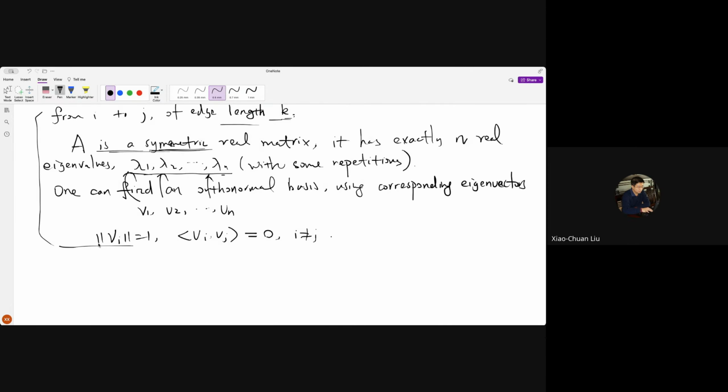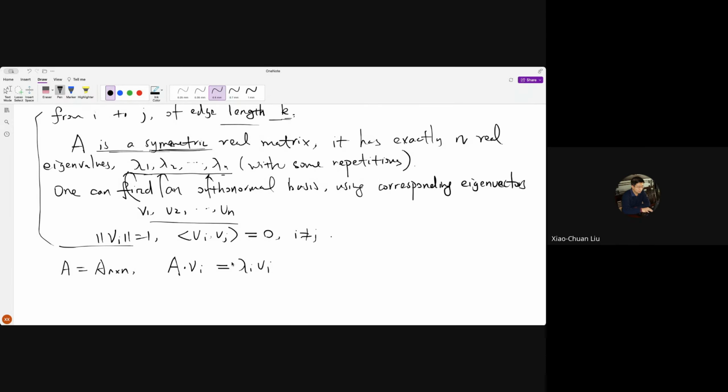So say A is an n by n matrix. If we have these eigenvectors, which we call v1, v2, and so on, we know that A times Vi equals lambda i Vi.